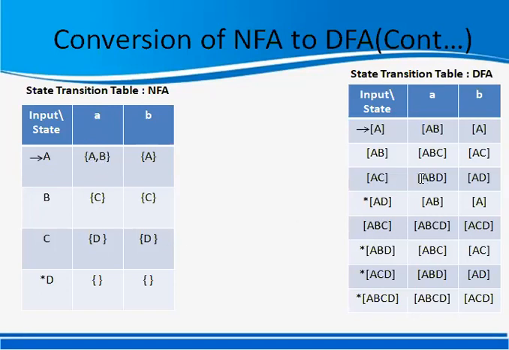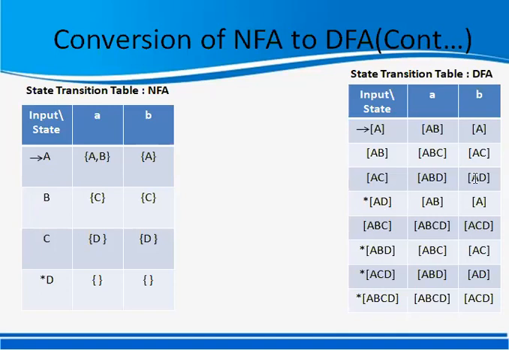So we have written here ABD. ABD here represents a single state. Now on input small b, it will give AD. So here we have written AD.